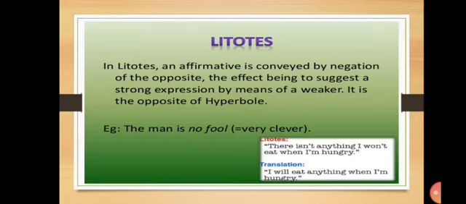Litotes. Litotes is an affirmative that is conveyed by negation. Negation is when we use the word no or not, and affirmative sentences are positive sentences. For example, when we say this ice cream is not bad, I actually mean that the ice cream is good, but I have said not bad.